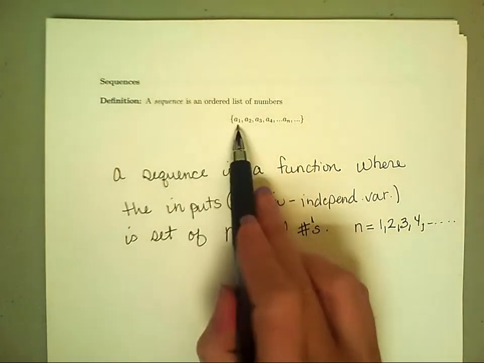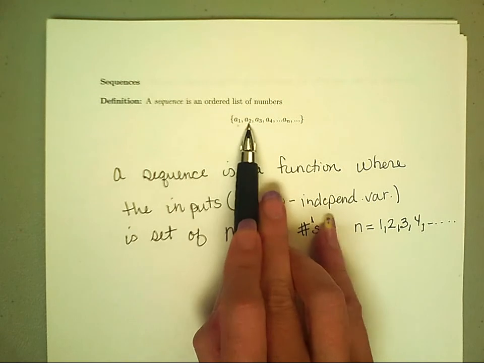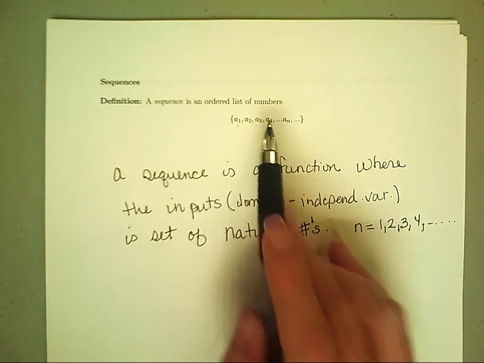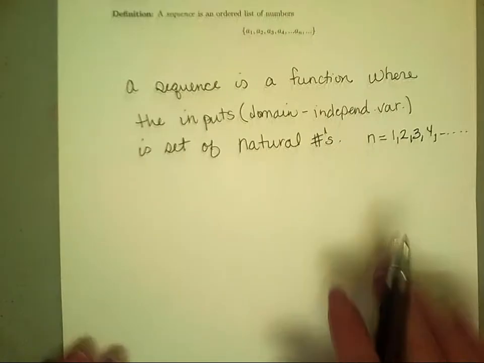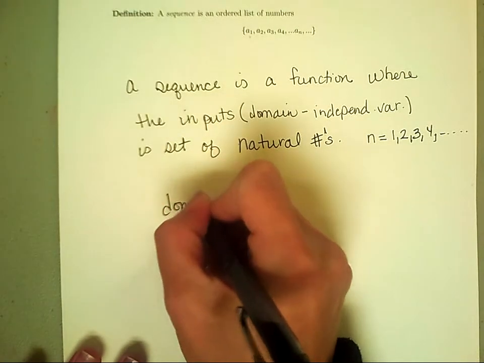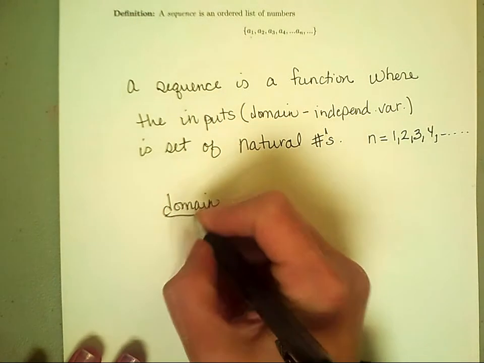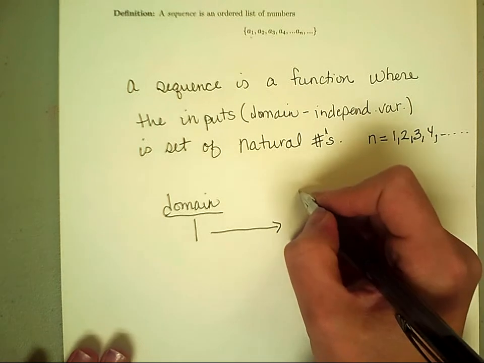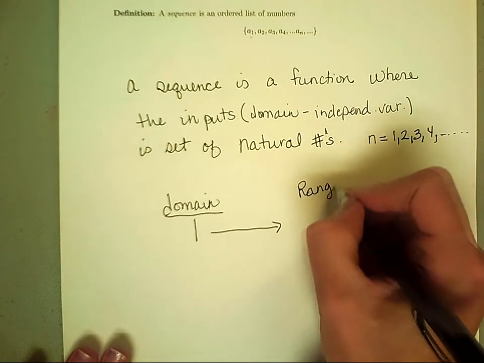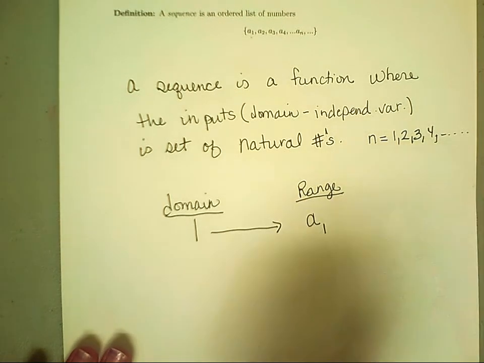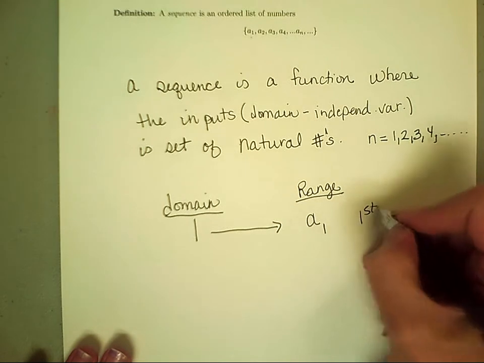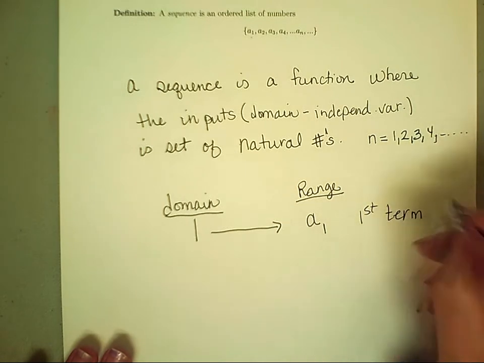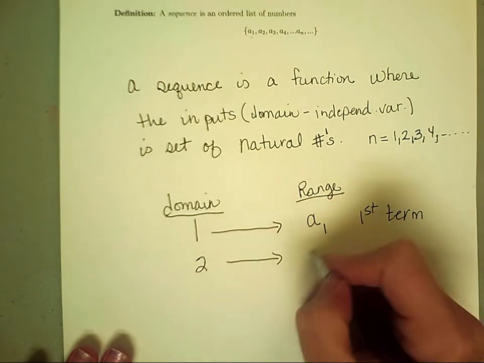And we would see that here. n equals 1, it's the first term, it's the second term, it's the third term, it's the fourth term, etc., etc. So if we made a mapping from our domain, the number 1 maps to the range, and what is the range in this case? It's the first term. So 2 would map to the second term.